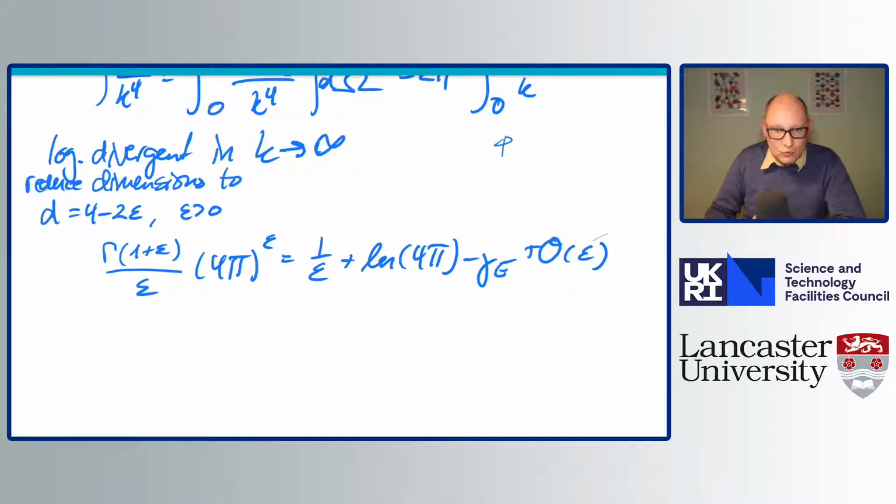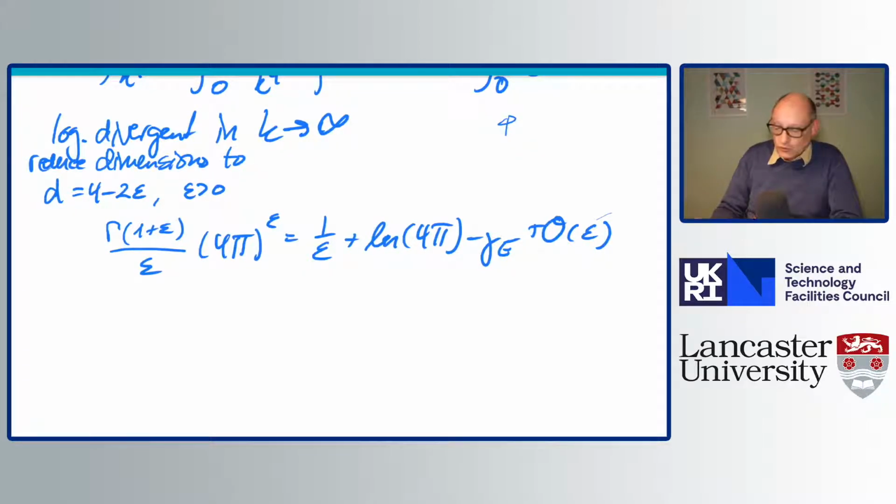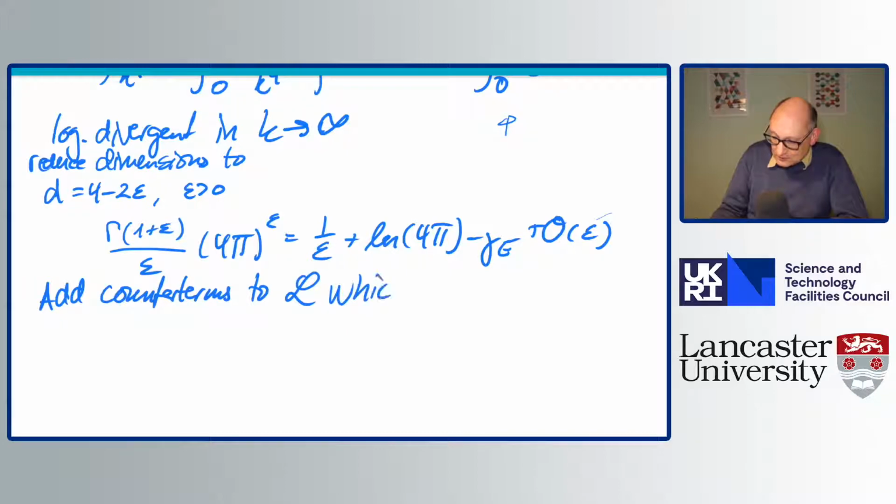What does one do? Well, the point here is that one has to reinterpret the quantities in the Lagrangian. What it turns out is that since we now have well-defined poles in epsilon, then we can add to the Lagrangian so-called counter terms which cancel these poles.